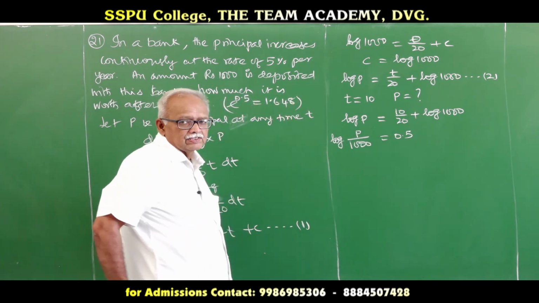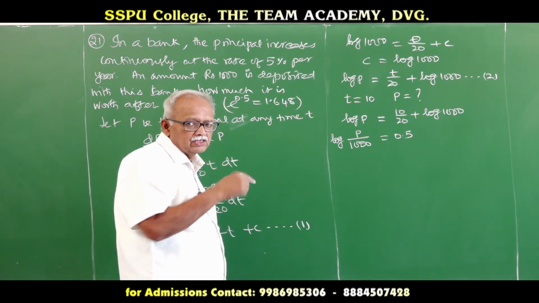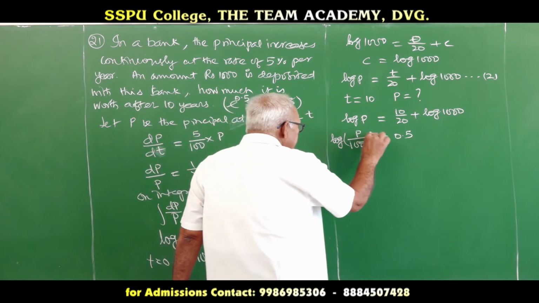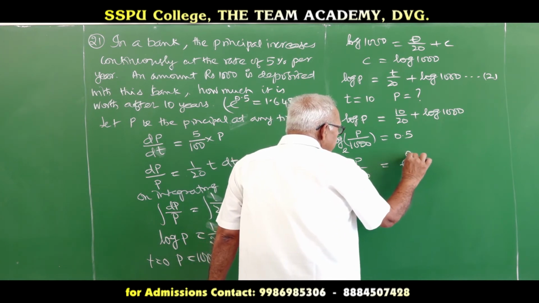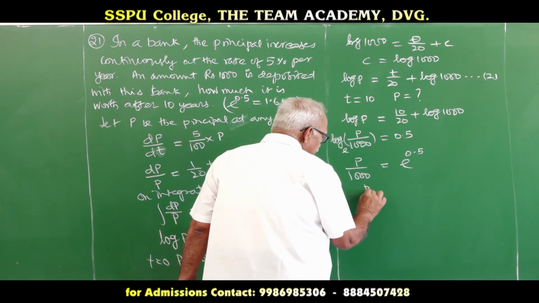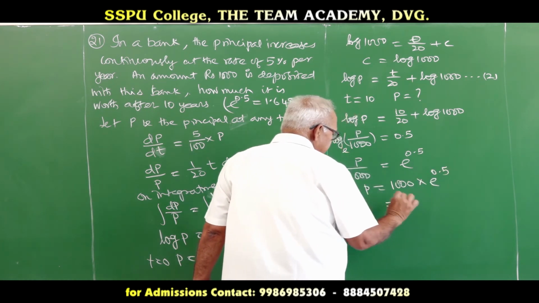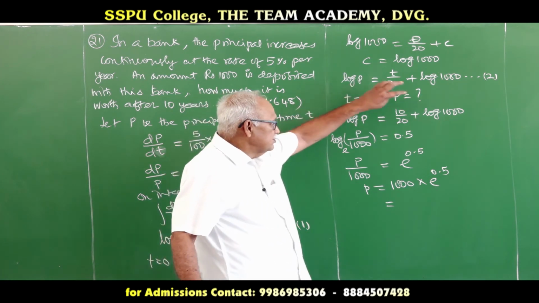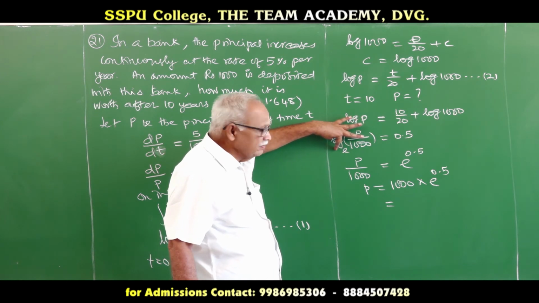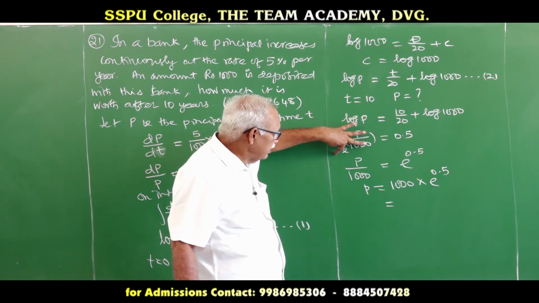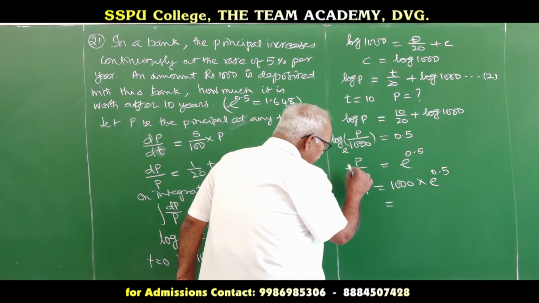So log P minus log 1000. That is a logarithm property: log A minus log B is log A by B. So here we get log P by 1000 is equal to 0.5. You understand this? The base is e always in mathematics. So P by 1000 is equal to e to the power of 0.5, and P is equal to 1000 into e to the power of 0.5. So the logarithm is eliminated.